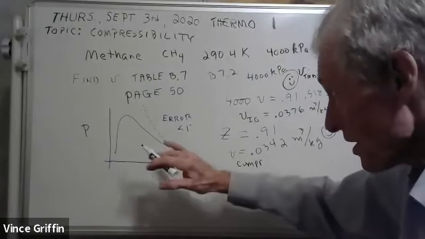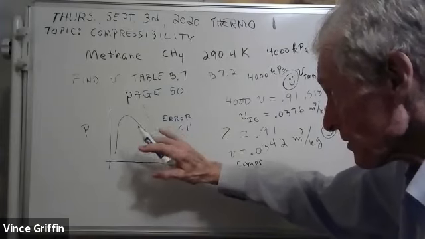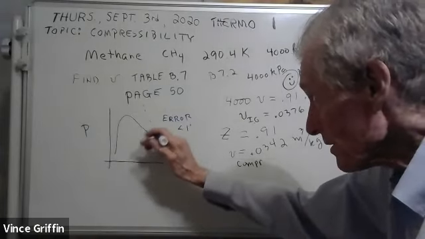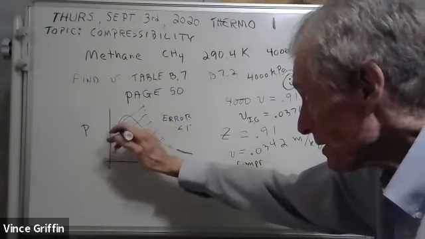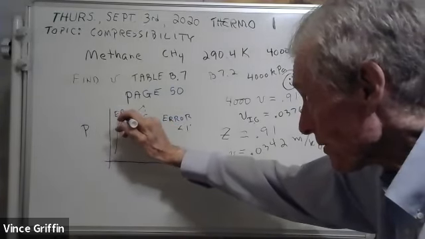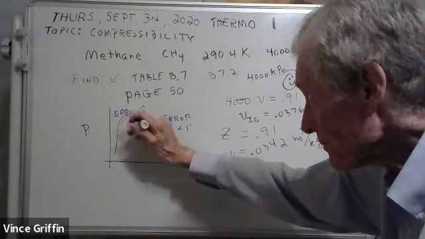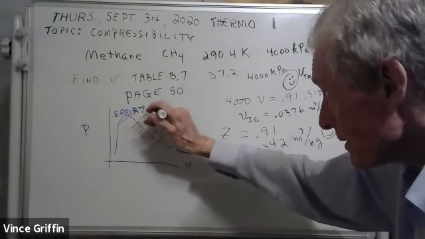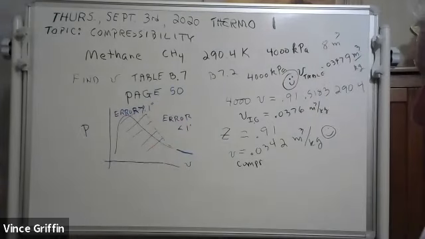Now, as the pressure gets higher, the error gets bigger. Anything in here, the error is certainly bigger than 1%. It might be, who knows, 10% or something like that.